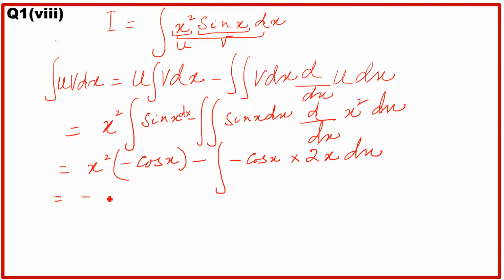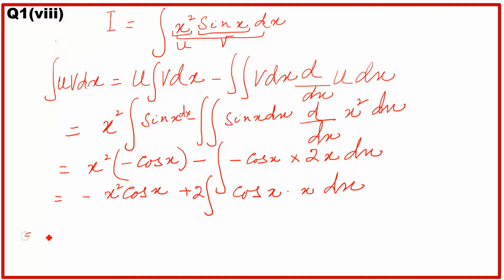In the next step we will take the minus. Here we will arrange it, this minus minus is plus, but this 2 is a constant, so we can write 2 integral of cos x into x dx. Now see, again it is a product. This is the trigonometric function and this is the algebraic function, so we have to use this formula again here.